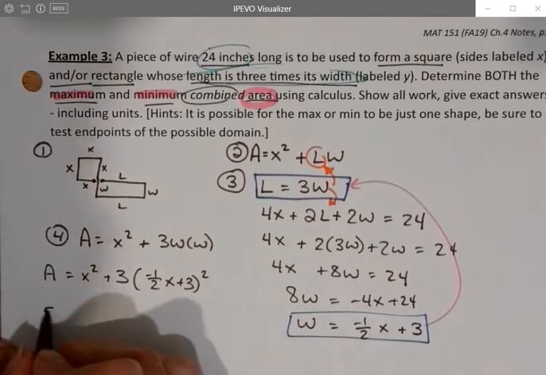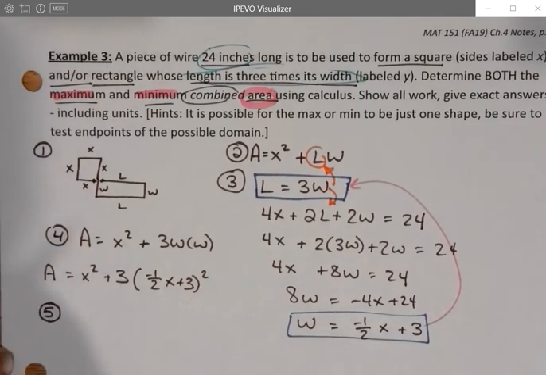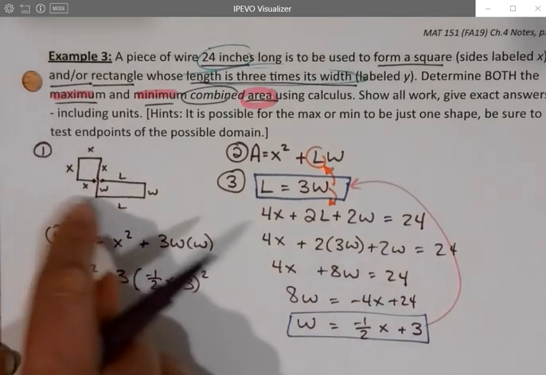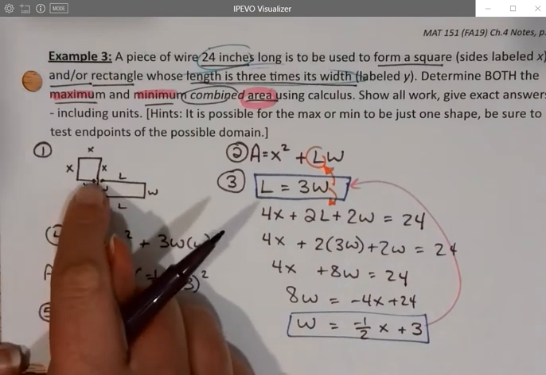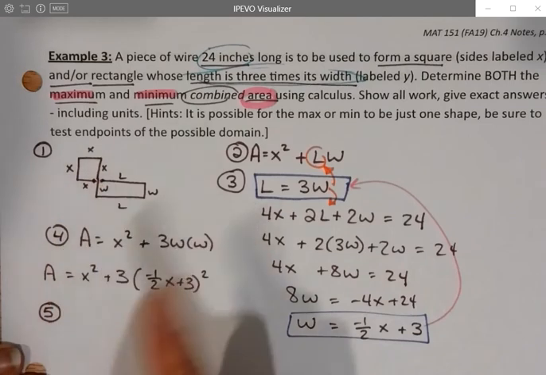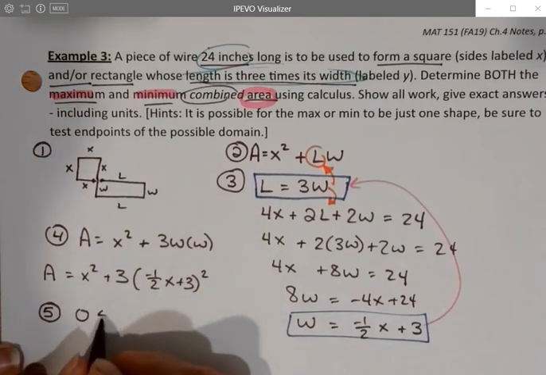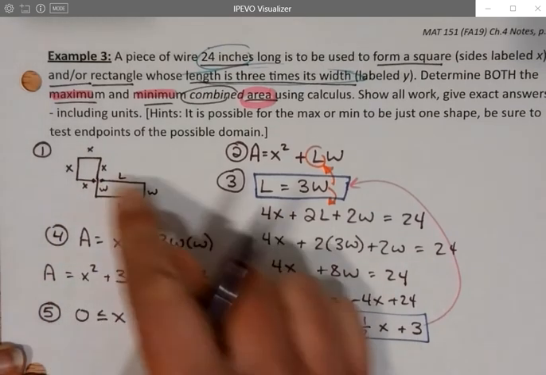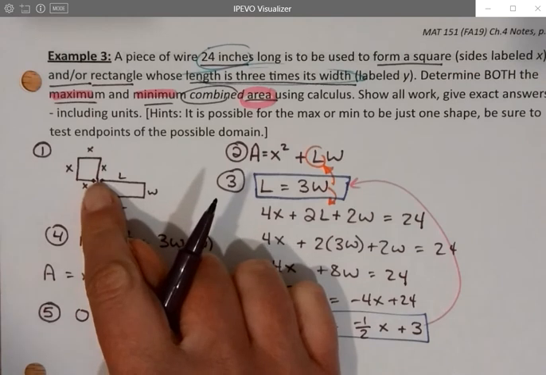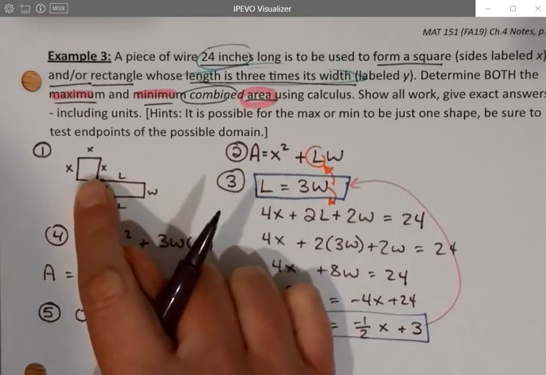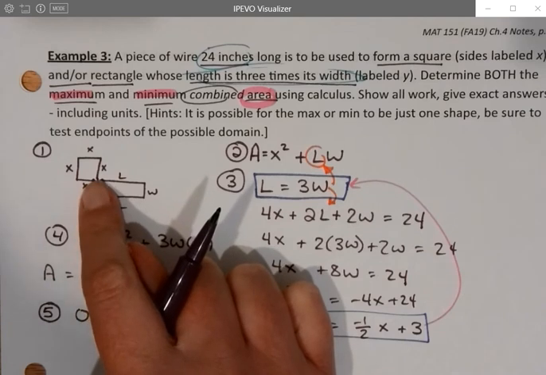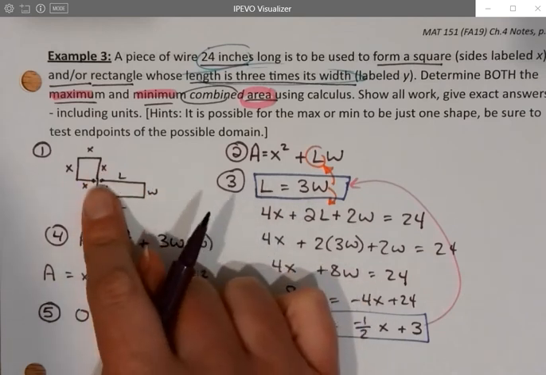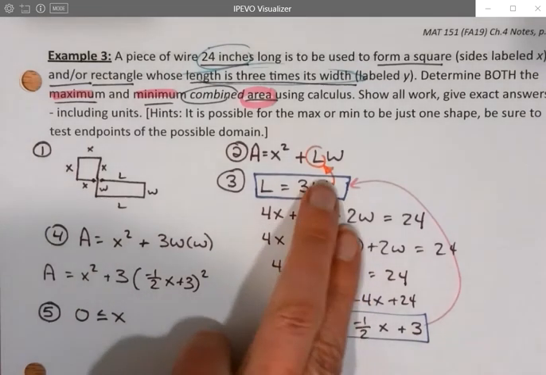For step 5, we're going to be ready to do our restricted domain. We know that the smallest that we're going to allow x to be is 0, and that would be in the situation where you don't have a square at all, that you're rectangle only. And then the largest that you could be is if you're square only. And so if you're square only, then there's no rectangle.